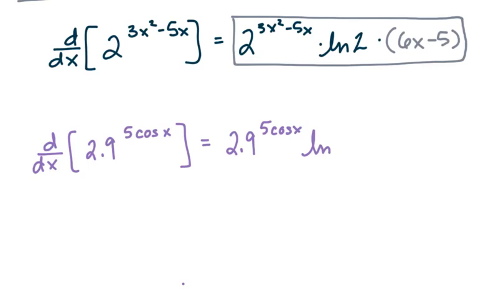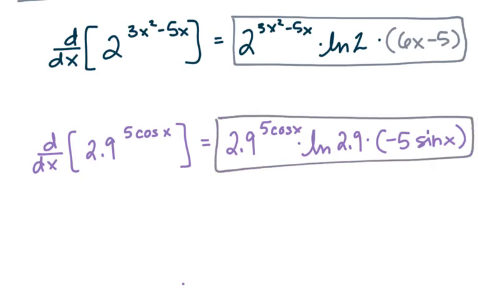Then we would say times natural log of the base, so times natural log of 2.9. And then times the derivative of 5 cosine x. The derivative of cosine is negative sine, so I'll get negative 5 sine x. And that's as far as we can go with this one.